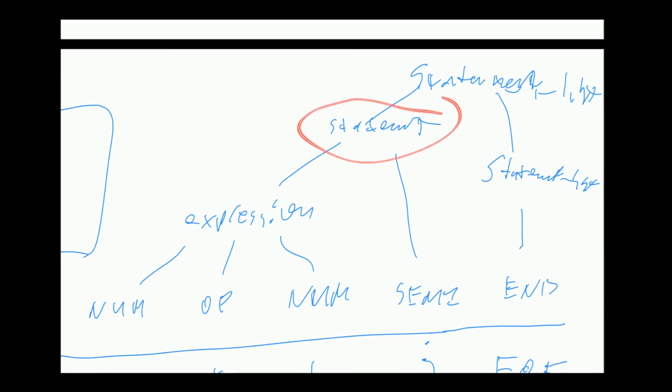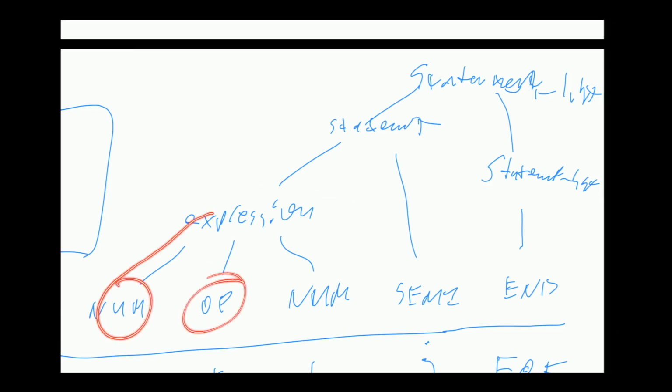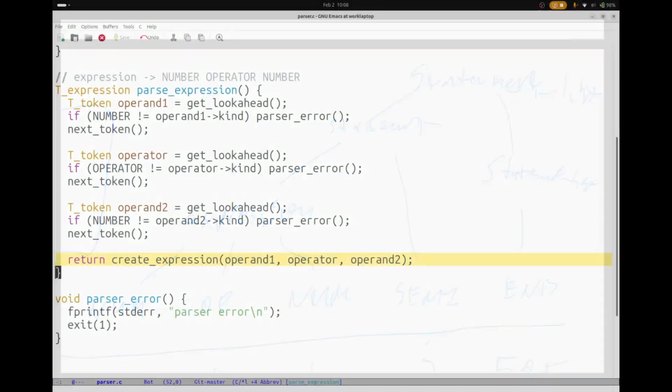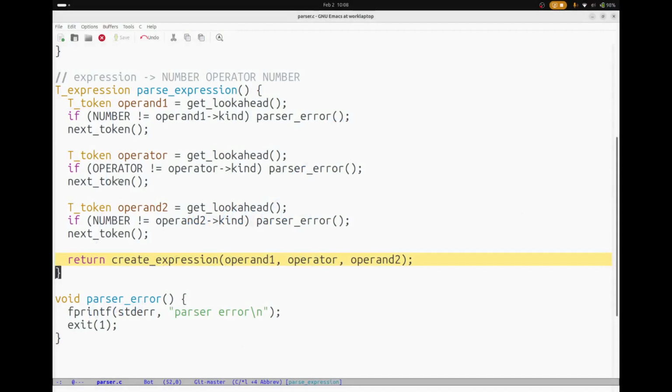So the statement parser recognized when we saw a statement by saying, okay, tell me if you see an expression. The expression parser recursively checks whether it sees the sequence of tokens necessary for an expression, and then constructs this parse tree node. Once it constructs that parse tree node, it passes it back to the statement parser, which had originally called it. That was how this parser worked in the first version of the toy compiler.